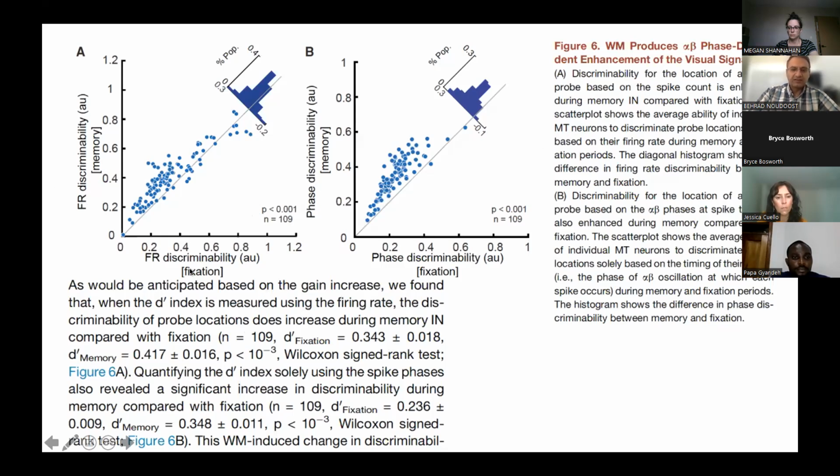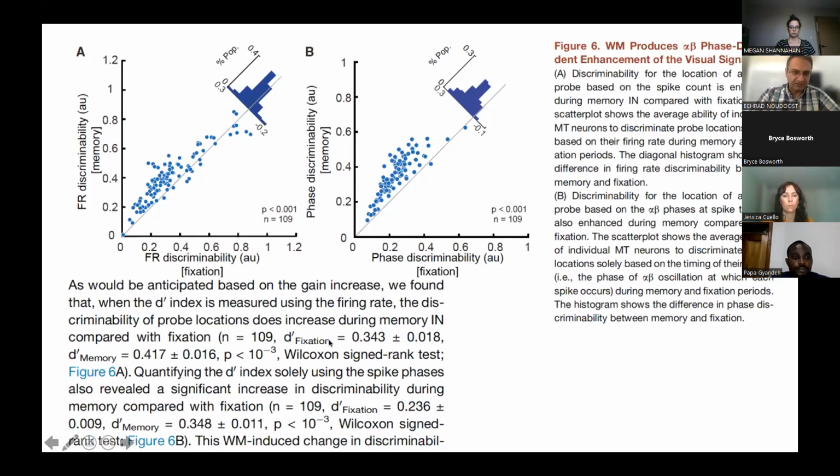And D prime for fixation is 0.34, so the average of these points on the x-axis is 0.34, plus or minus 0.018, meaning one standard deviation from this mean. So it's just describing the data.